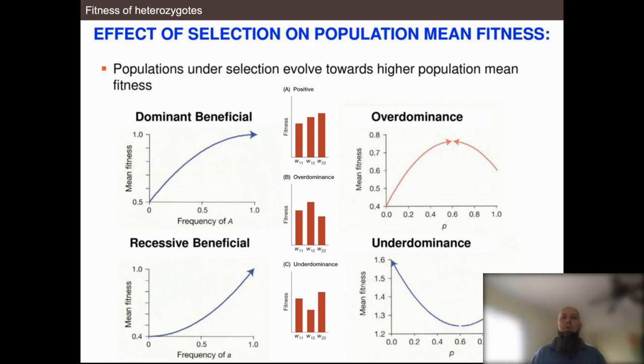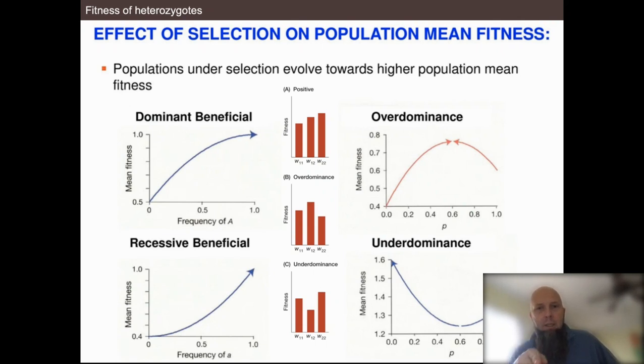So whatever this allele P is, in this case, let's say it's W2, the frequency of P in a case of overdominance, if the allele P starts out anywhere from 0 to 0.5, you can see that allele frequency is going to increase until it gets to about 0.6. If that allele frequency starts anywhere between 0.6 and 1, that allele frequency is going to shift towards 0.6.